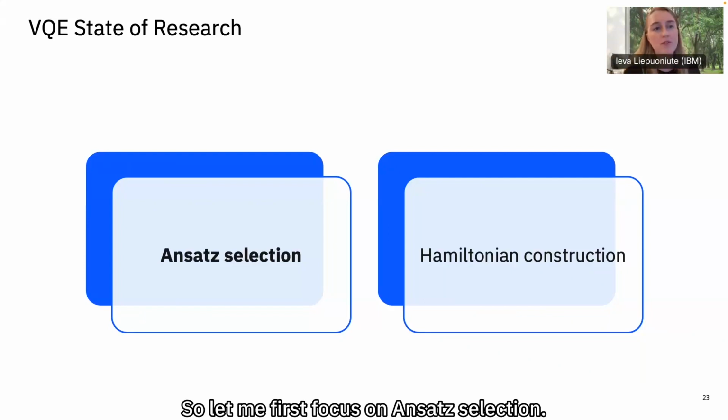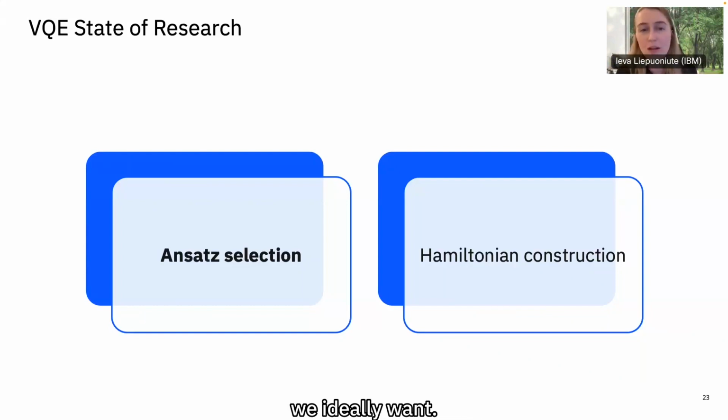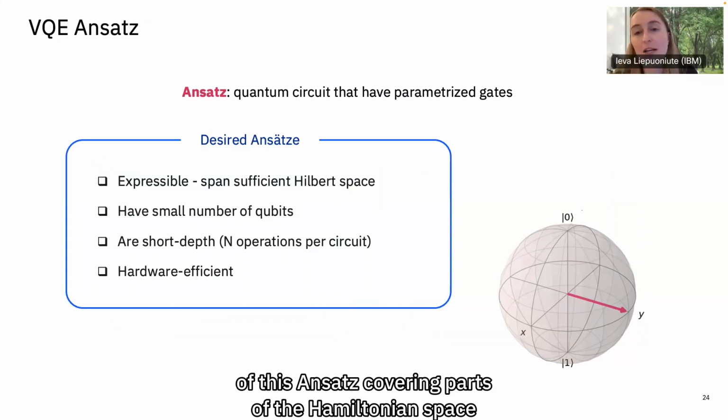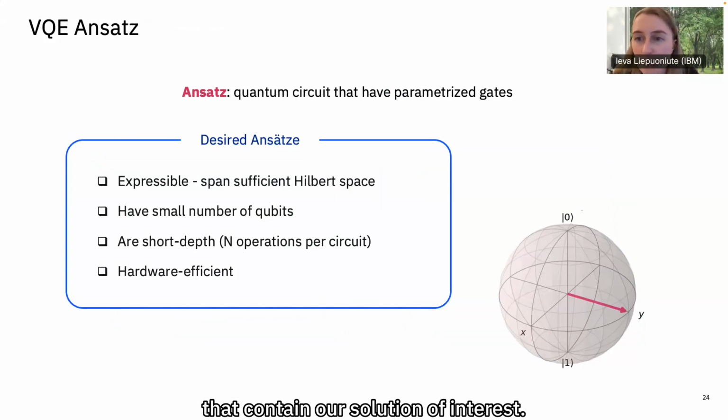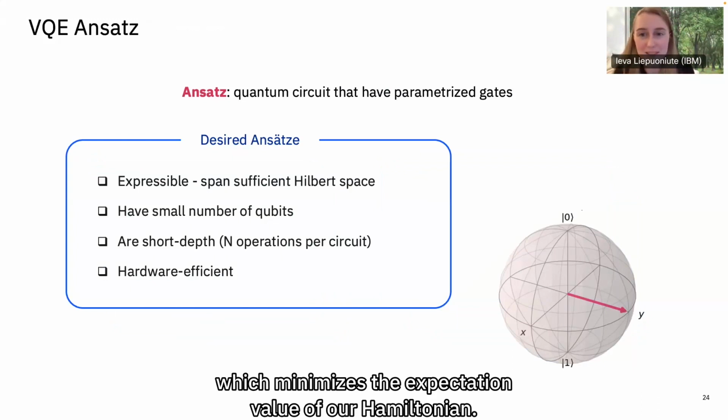So let me first focus on Ansatz selection, and let me just describe what sort of desired Ansatz we ideally want. For an efficient Ansatz selection, it is essential to maximize the chances of this Ansatz covering parts of the Hamiltonian space that contain our solution of interest, that is, the space where a state is sufficiently close to the desired state, which minimizes the expectation value of our Hamiltonian, right?